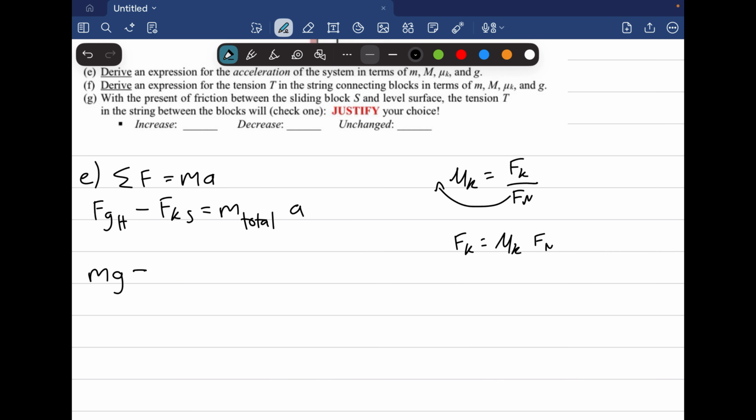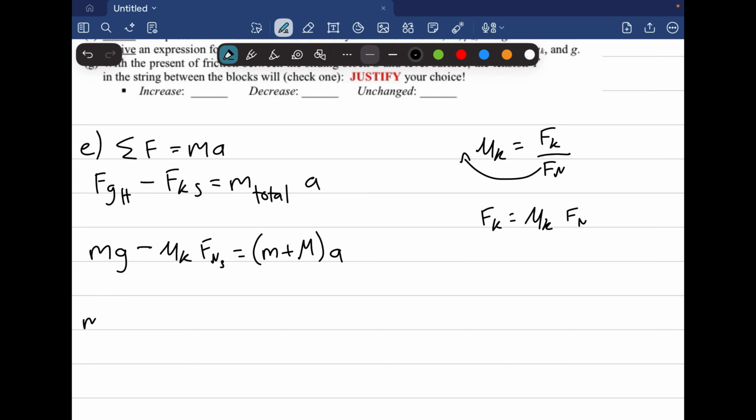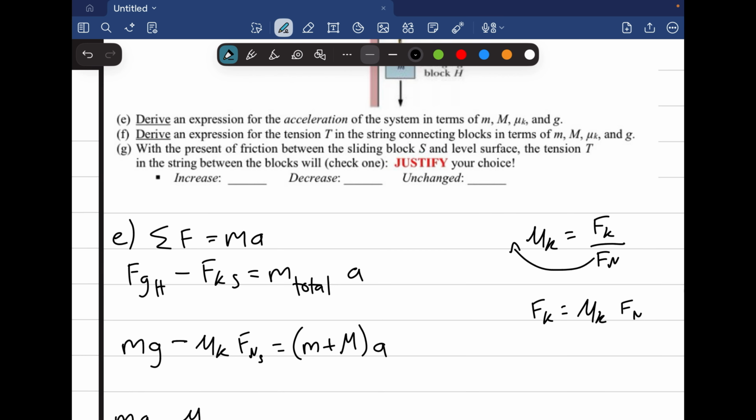So I'll rewrite Fk as mu k Fn is equal to m total, which is just lowercase m plus capital M, and then a. And then I'll expand Fn. So mg minus mu k, then Fn is just the normal force. But since the block is on the floor, the normal force is Fg, right?